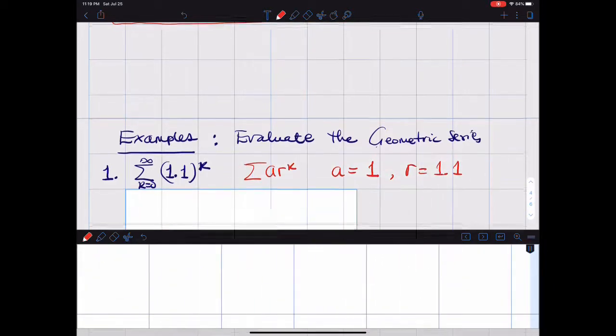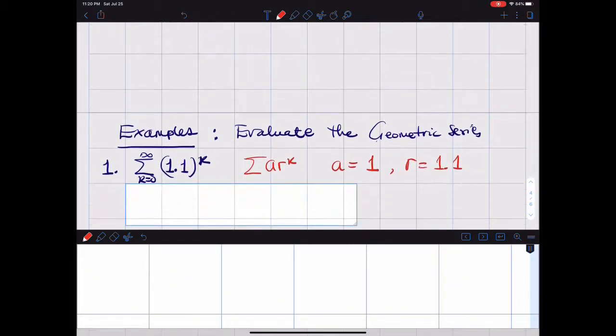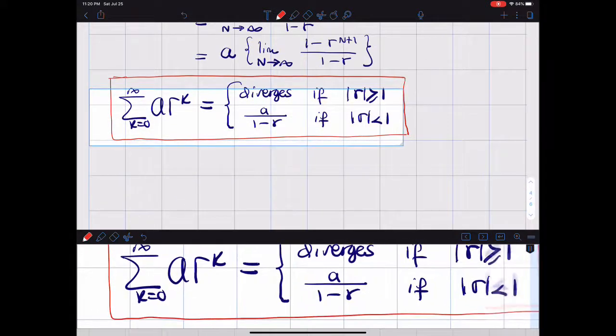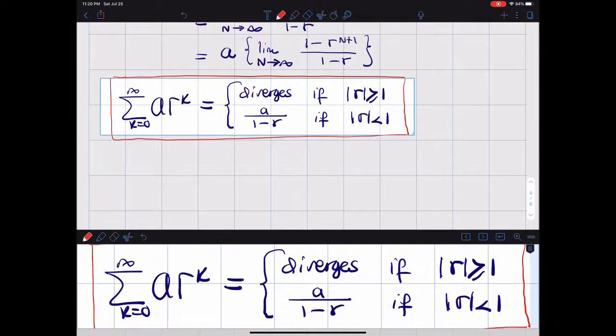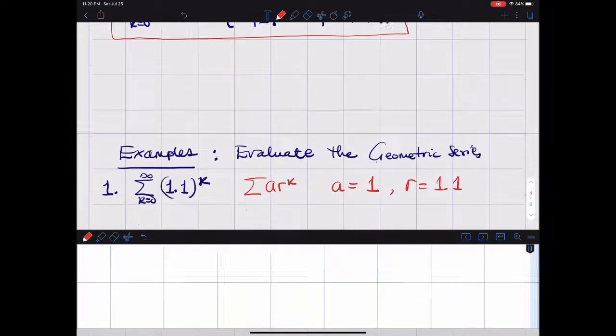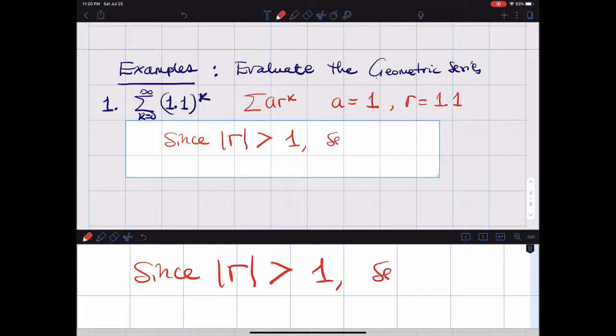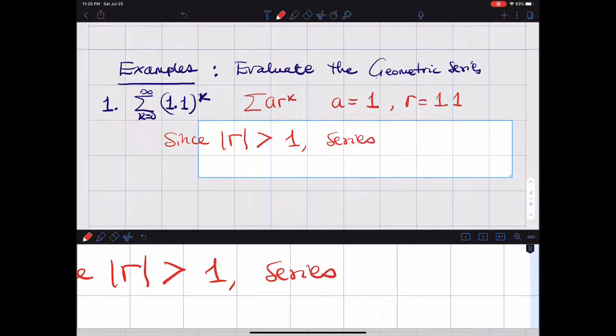Now remember, if r is greater than 1, it doesn't matter how much greater than 1 it is. As long as r is greater than 1, the series diverges. So since the absolute value of r is greater than 1, the series diverges.